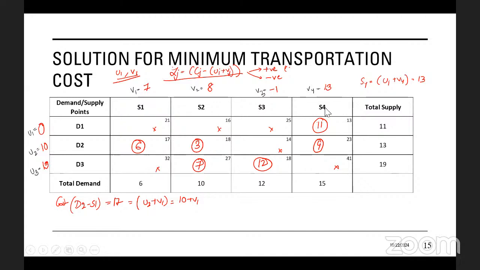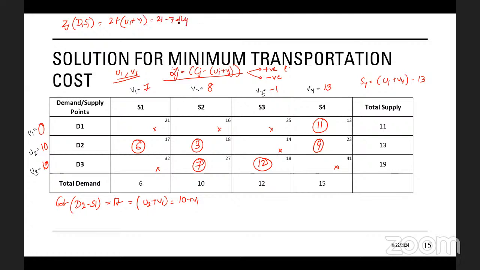Now one by one, we will check the cost of each cell and where the allocation can be made. Basically, for D1S1, zj is equal to 21 minus (u1 plus v1), which is 21 minus 7.